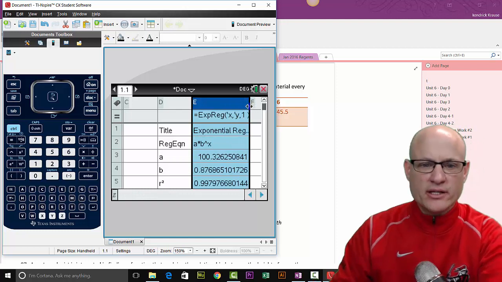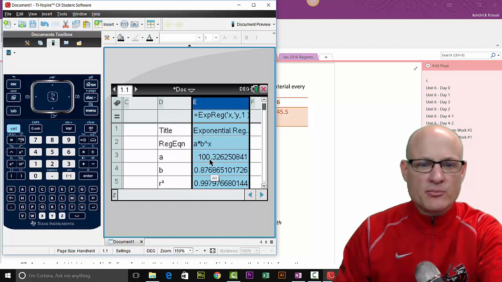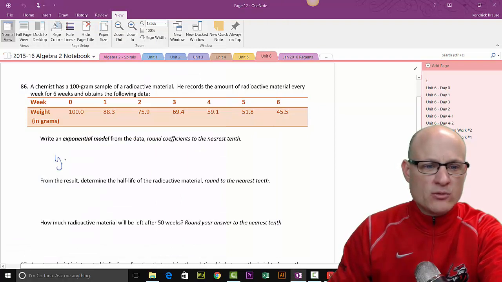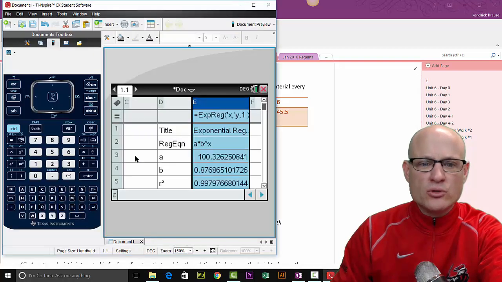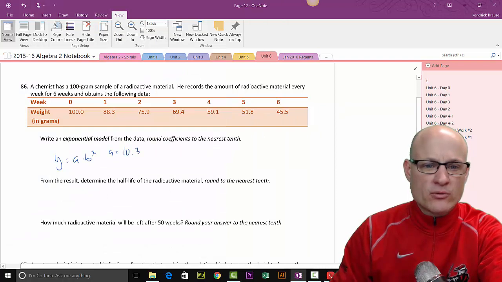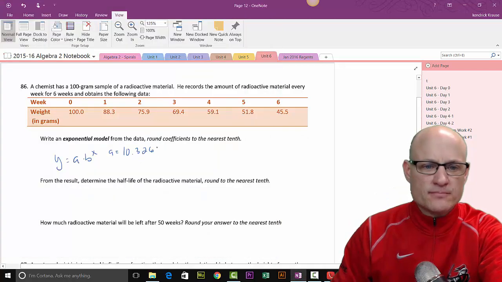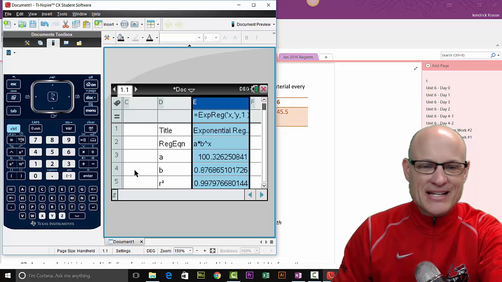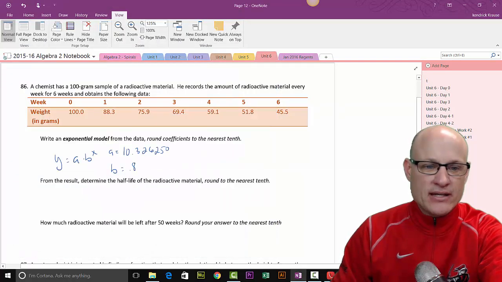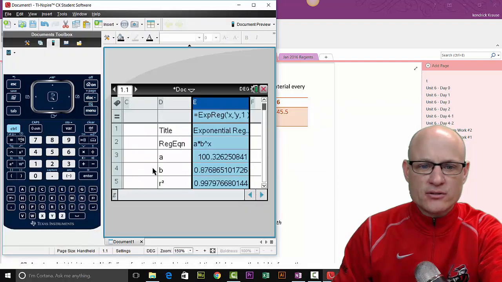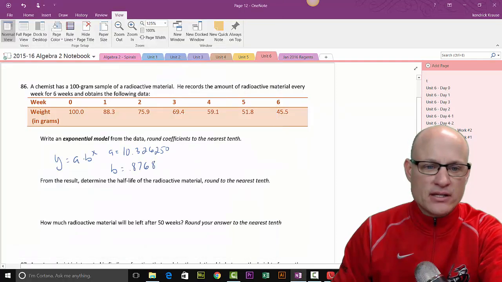So my equation is y equals a times b to the x, where a is equal to 100.326 and b is equal to 0.865, or round to the nearest tenth.